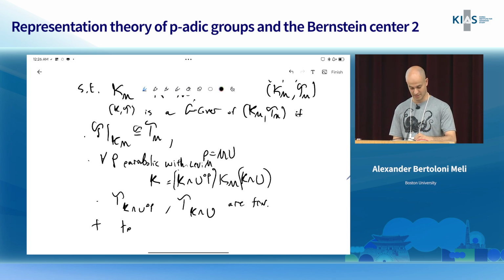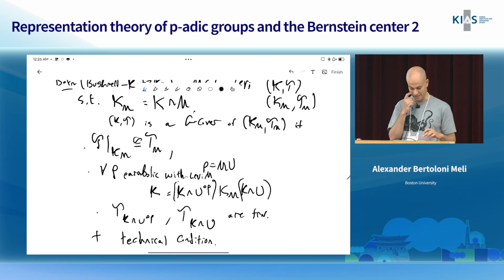Okay, plus, let's say a technical condition. So, a G cover of some pair is some other pair satisfying these properties.